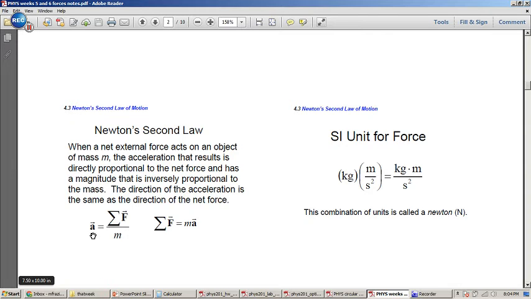So you can say that a couple different ways. You can say the acceleration is the net force divided by the mass, or you can say the net force is the mass times acceleration. And the key thing is that when you add up all the forces, that tells you the direction of the acceleration. And the size of that net force is the mass times the acceleration.